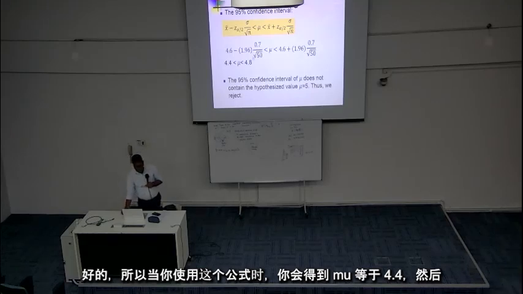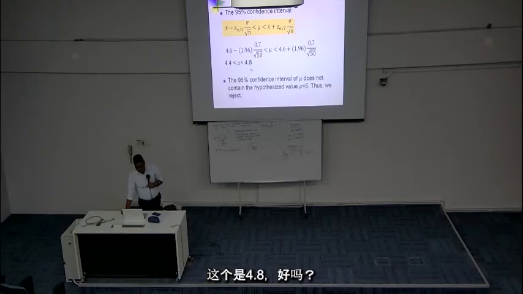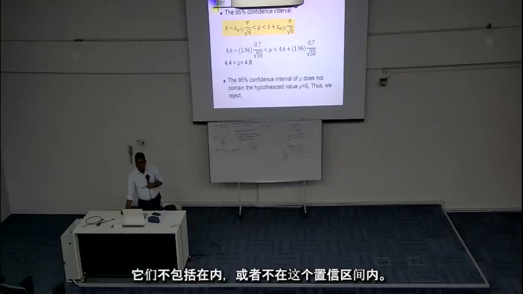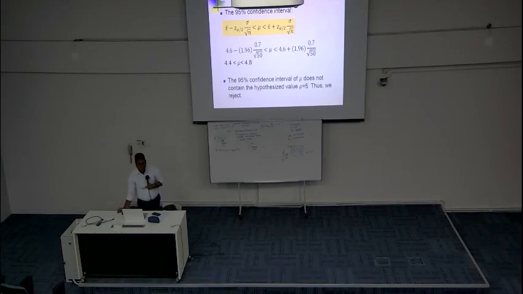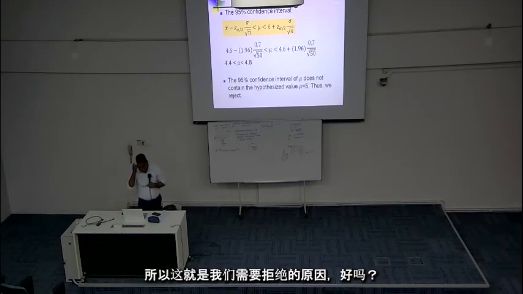When you use this formula, you get 4.4 and this one is 4.8, and your hypothesized mean is equal to 5. They are not included, or they do not lie within this confidence interval, so that is why we need to reject.